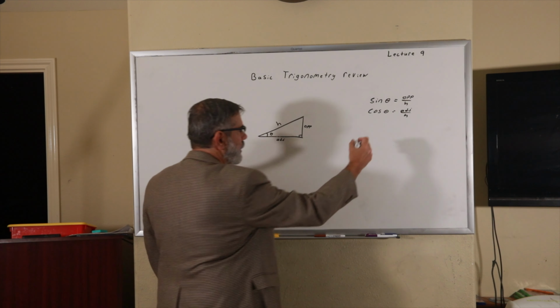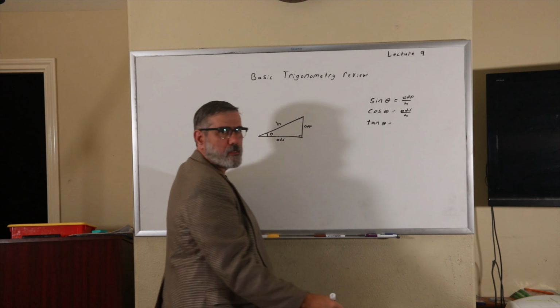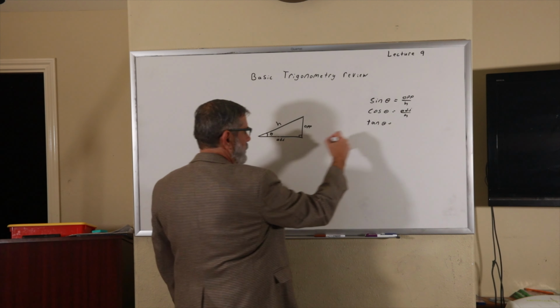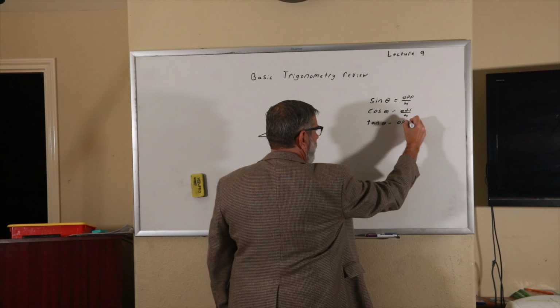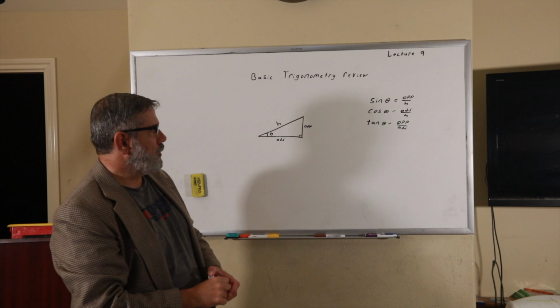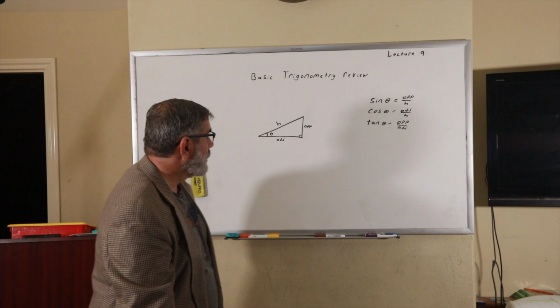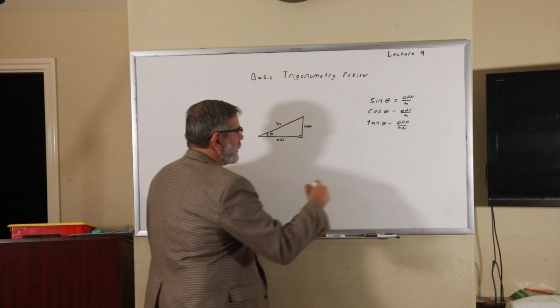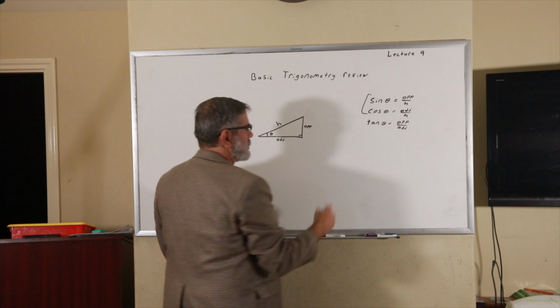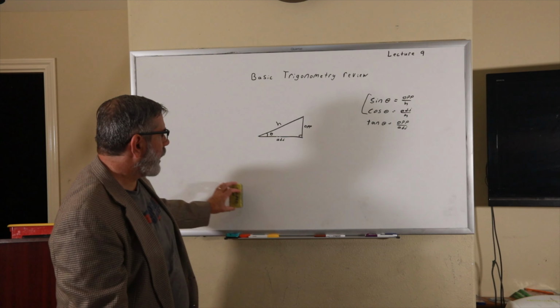And finally, the tangent of theta is defined as the opposite over the adjacent. This is also equal to, and you can show this algebraically, the sine of theta divided by the cosine of theta. The two that we'll need the most are the sine and the cosine. And why do we need them?